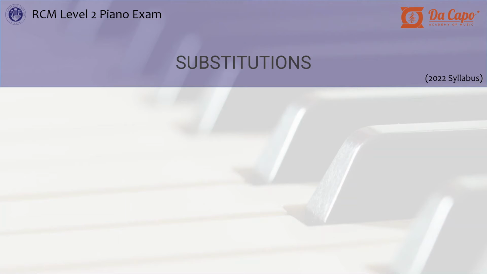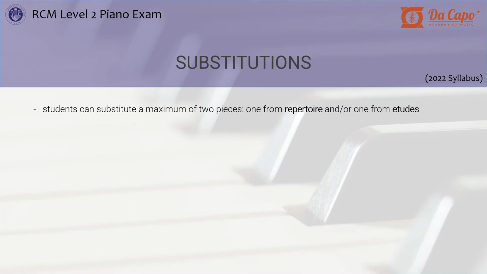For the substitutions, the rules are the same as we had for the previous level. So remember, first of all, that this is optional. You don't have to substitute any of your pieces, but if you do choose to play something different, then here are the rules you have to stick to. So you can substitute a maximum of 2 pieces, one from repertoire and or one from etudes.